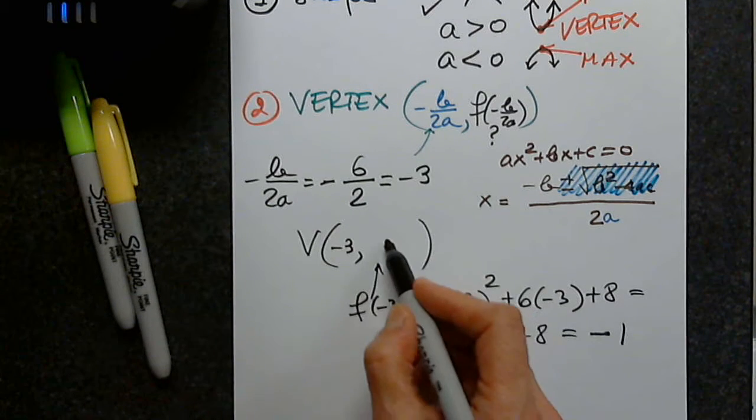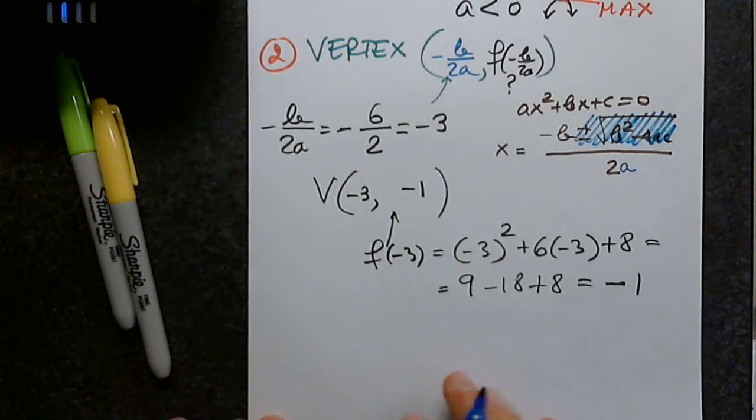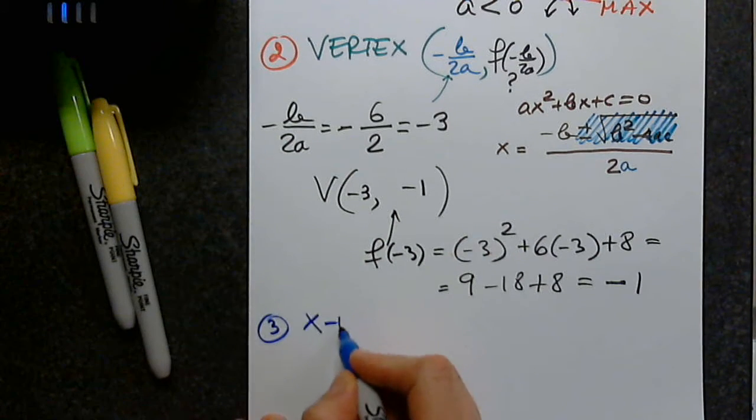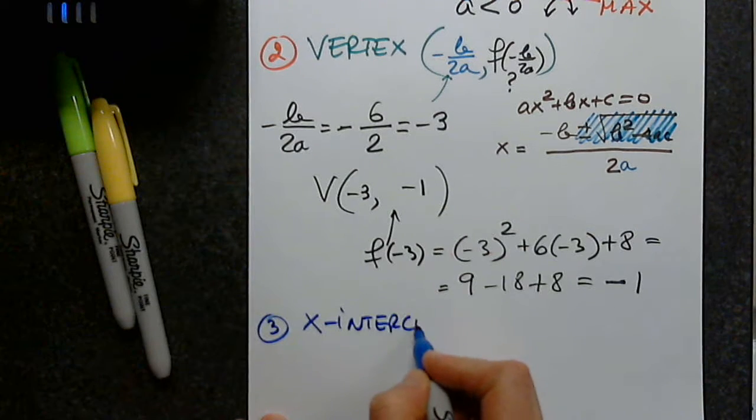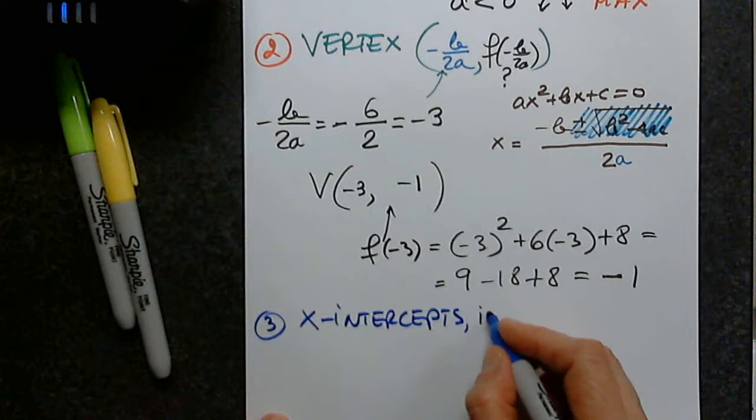Negative 1. We agree with the vertex negative 3, negative 1? Okay, perfect. Step number 3. X-intercept. And I'm going to write comma if they exist.